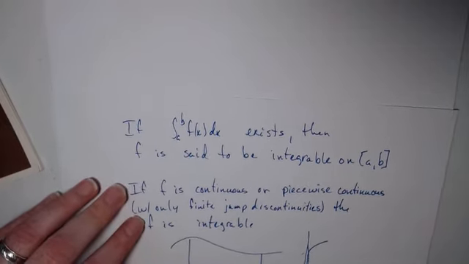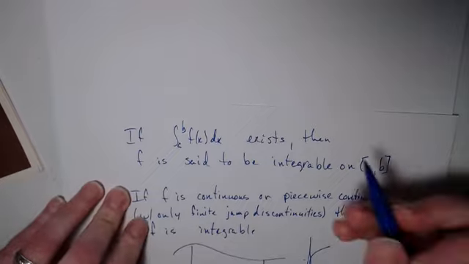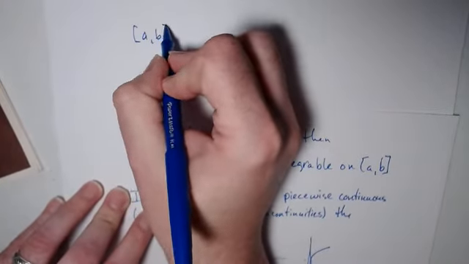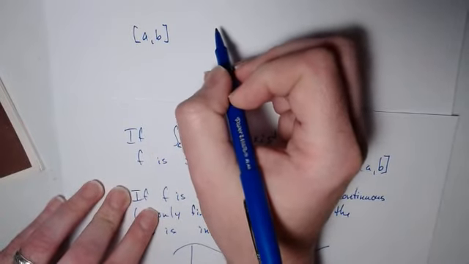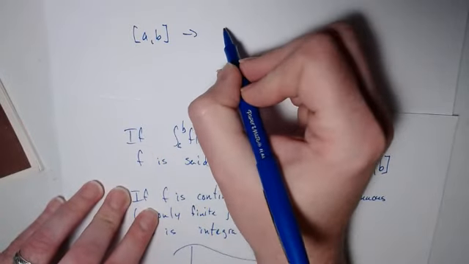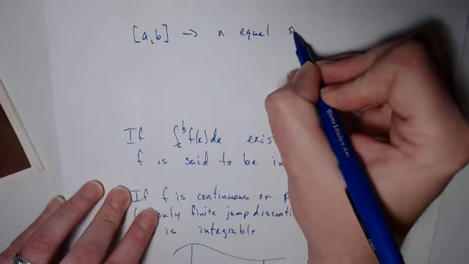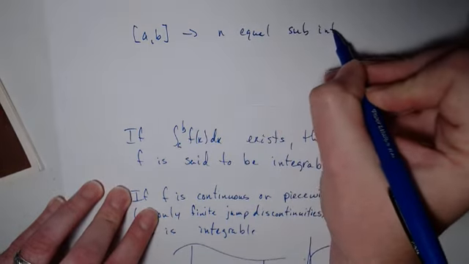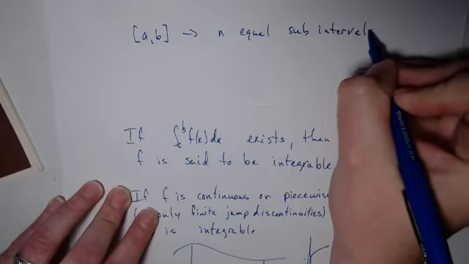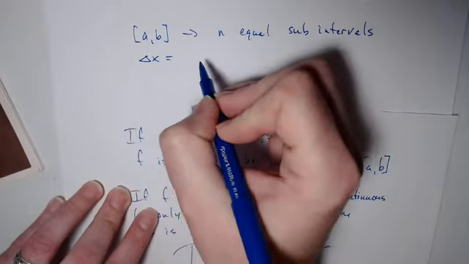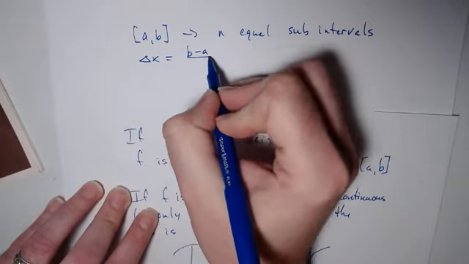So let's talk about equal width subintervals. We're going to start with interval AB, and we're going to divide this into n equal subintervals. So each will have a width, delta x, equal to b minus a over n.